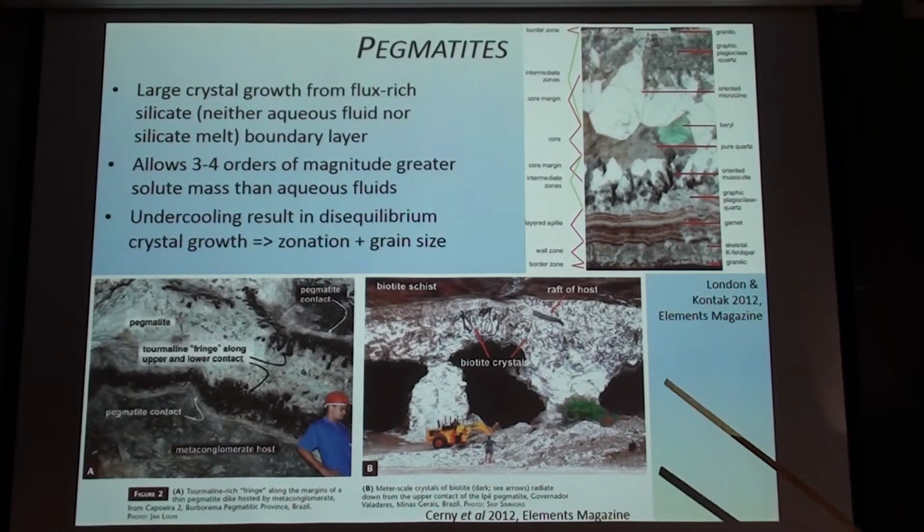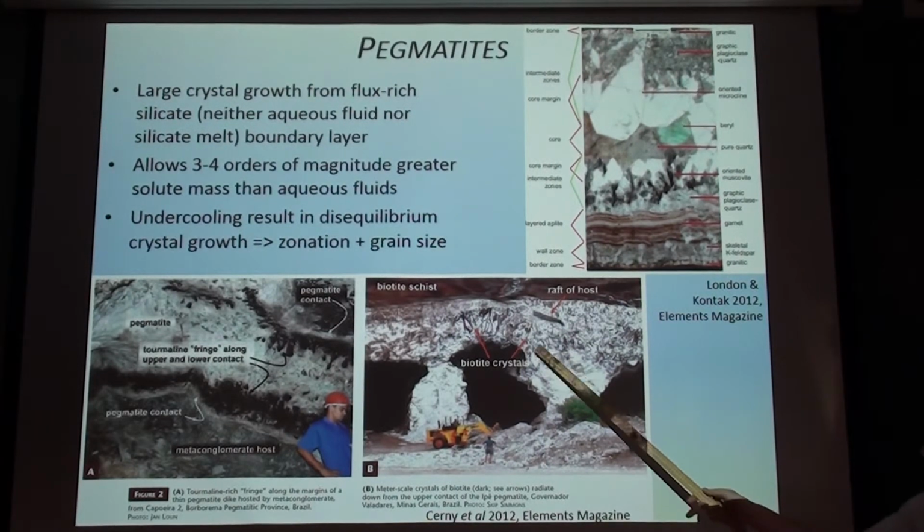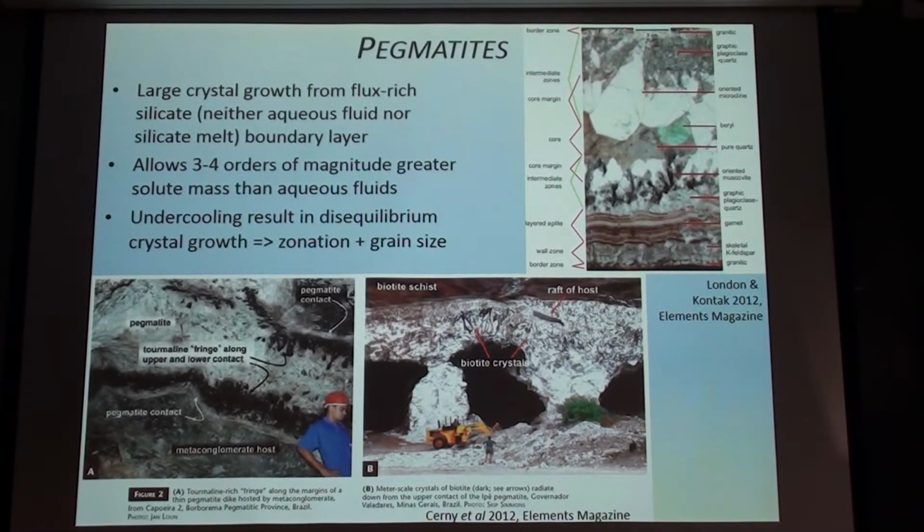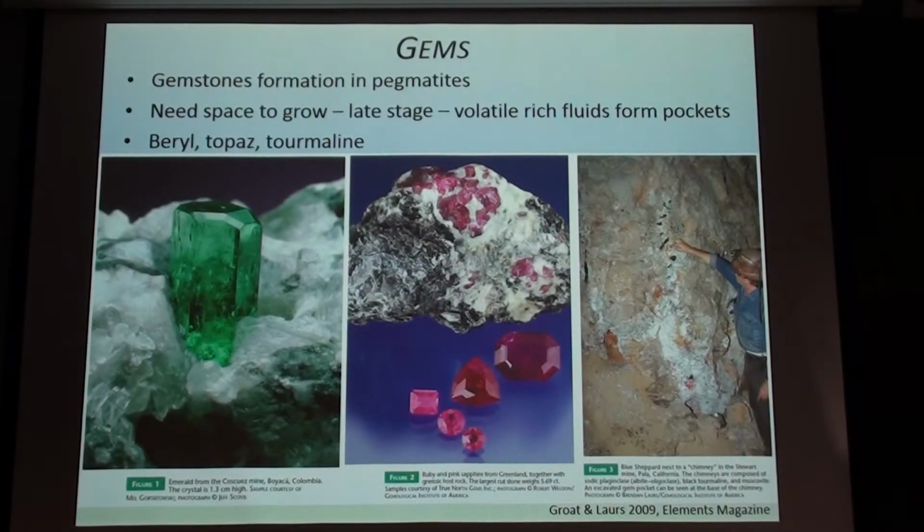And when you get this injection into the surrounding country rock, which is much cooler, we get undercooling that results in disequilibrium crystal growth, which then explains the zonation and the sizes. These giant crystals are quite impressive, if you ask me. And this is the Elements magazine 2012. You can go and have a look if you're interested.